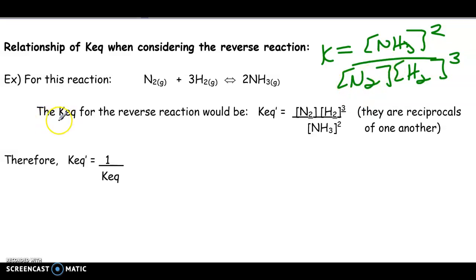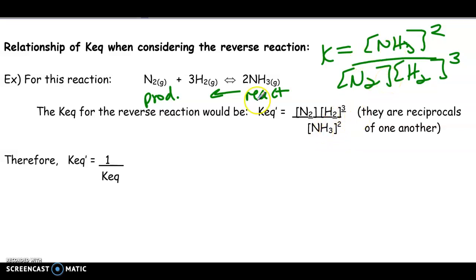Now, if we wanted to do the reverse reaction, we would basically be flipping this, and notice anytime we're talking about reverse, we always put this little apostrophe here. If we were looking at the reverse, it would be as if this is our reactant and this is our product. So we'd have N2 H2 to the 3 over our ammonia. They're basically reciprocals of one another.